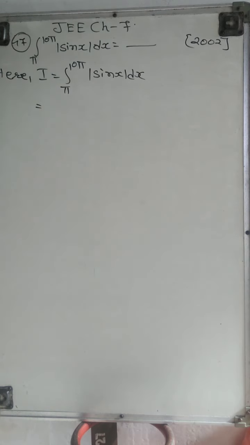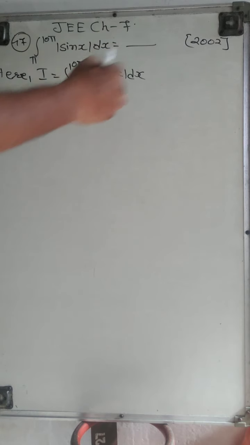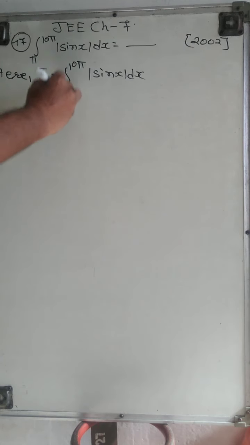So here, first what we do is we add 0 to π, and then subtract it from the given term.